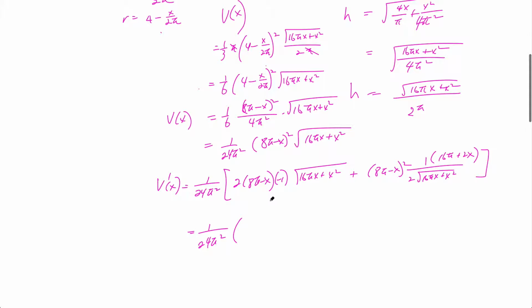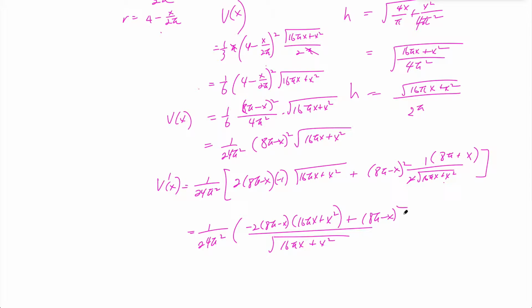Okay, so if you actually, let's see here, we can reduce this to get 8 and 1 there. Okay, let's create a common base of 16 pi x plus x squared. So this becomes now minus 2, 8 pi minus x. This times this is 16 pi x plus x squared. And you have 8 pi minus x squared, 8 pi plus x.